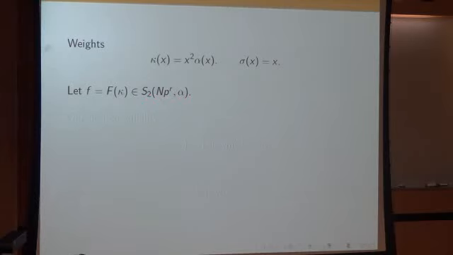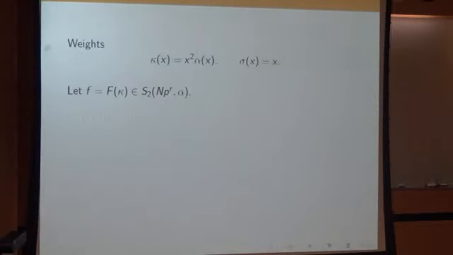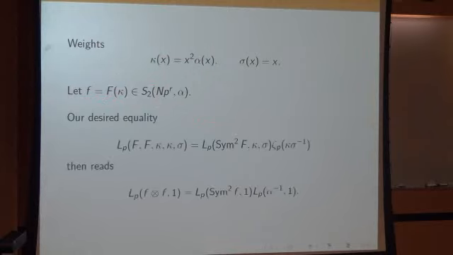So our desired equality at the point that we want, when kappa of x is x squared alpha of x and sigma of x equals x, that desired equality, in terms of this modular form little f, which is a classical modular form of weight 2, reads: the p-adic L-function of f tensor f at 1 is the p-adic L-function of the symmetric square of f at 1 times the p-adic L-function of alpha inverse at 1.